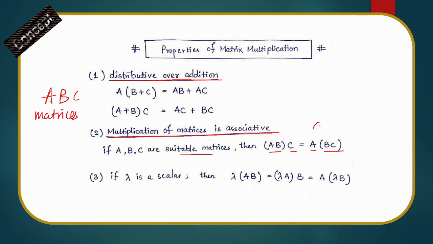This is the associative property. And the last property is, if lambda is a scalar, then lambda into AB equal to (lambda A) into B equal to A into (lambda B). So these are some basic properties of matrix multiplication. If asked in an objective question, we should be able to answer the questions.